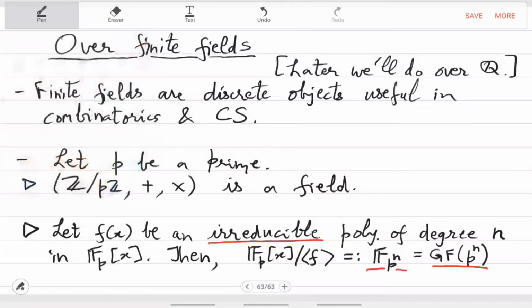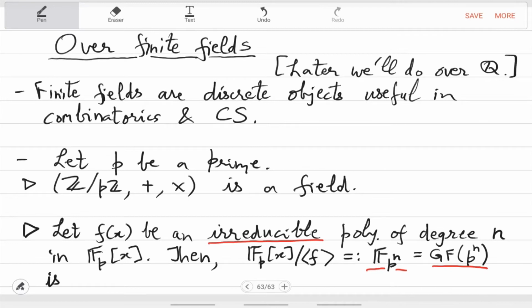So you have to start with a field to have any hope of getting a field extension. In the assignment you must have shown that this is unique up to field isomorphism, right? So this is the field of size p raised to n.